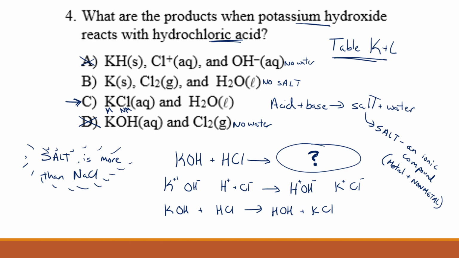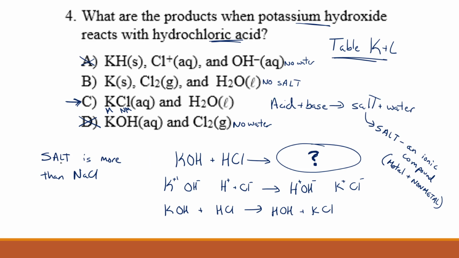NaCl, table salt, is a salt. It is not the salt. It's not the only thing that has that name. NaCl is not a special salt, it's just the one that we eat. There's nothing special about it other than that's the one that you eat. So that's why it comes up to the top of your mind way more often.